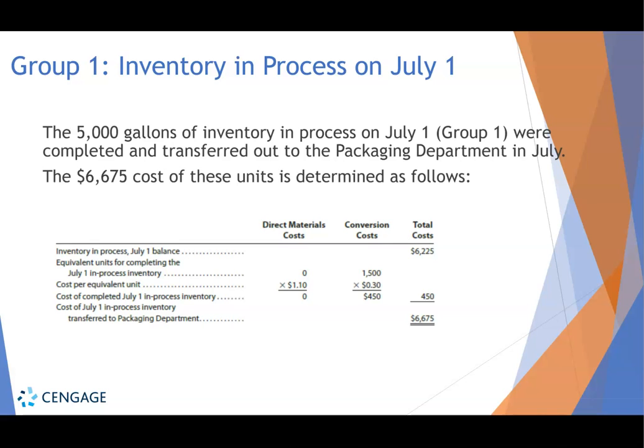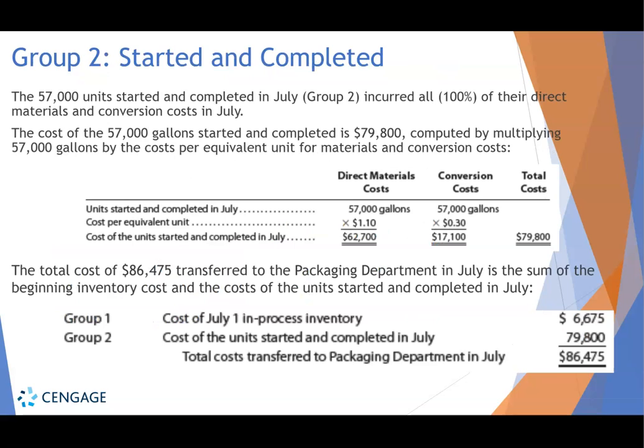Now, for Group 2, we've got the 57,000 units that were started and completed in July. So this is the whole Group 2, what was started and transferred. 100% of the direct materials and 100% of the conversion costs all happened in July.